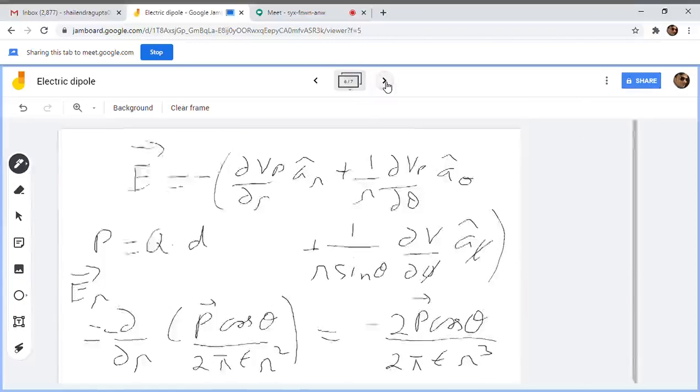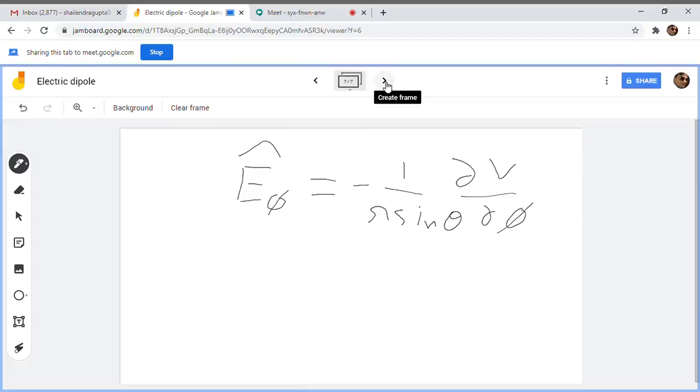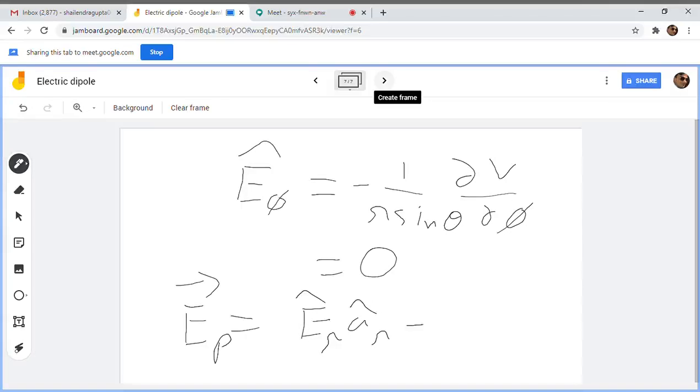So this will be constant with respect to phi, and if you differentiate, this will become 0. So your electric field at point P will be ER AR plus E theta A theta. So this will be your electric field at point P.